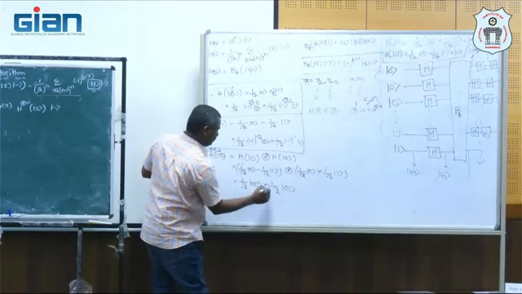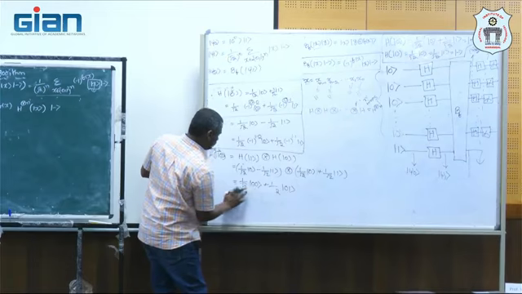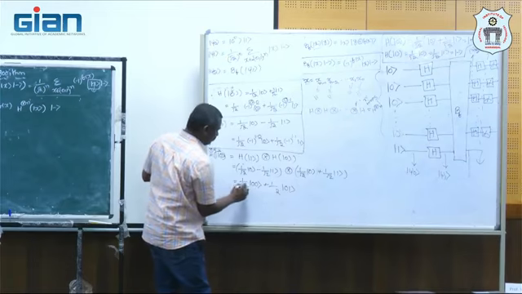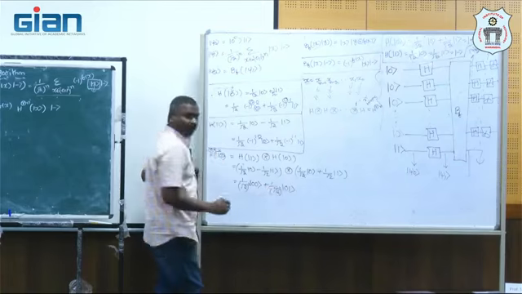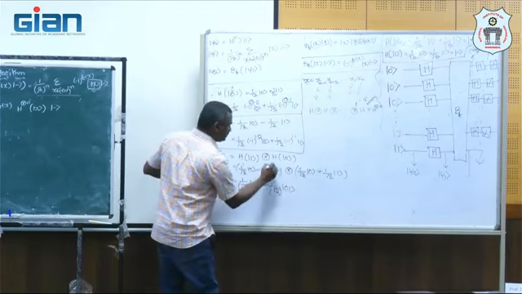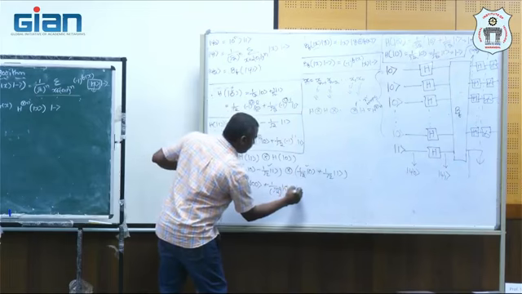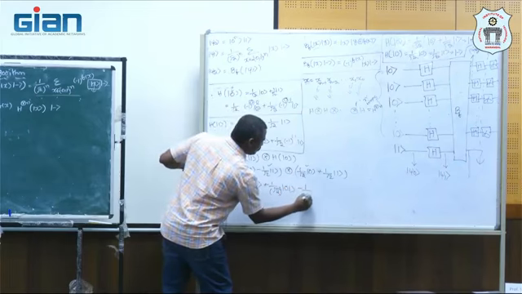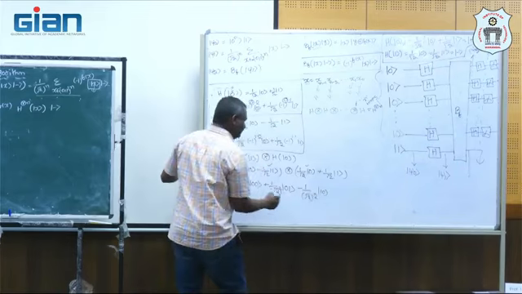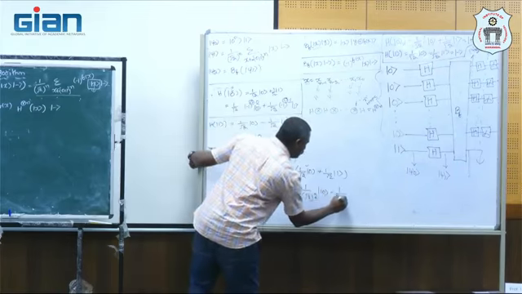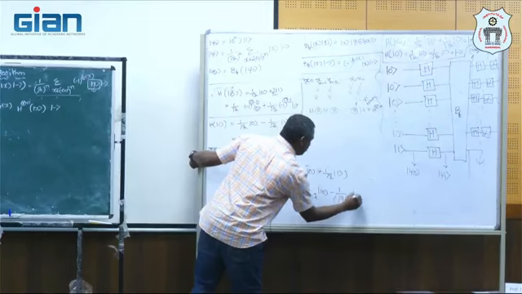Next, 1 by root 2 into 1 by root 2. Now what do we get? Minus 1 by root 2 whole square ket 1 0. Next, minus 1 by root 2 whole square ket 1 1.